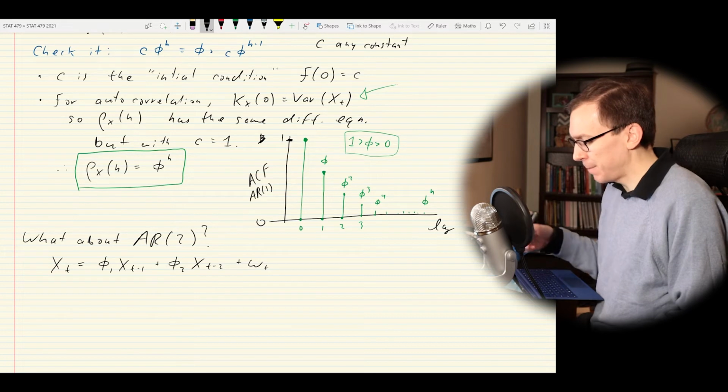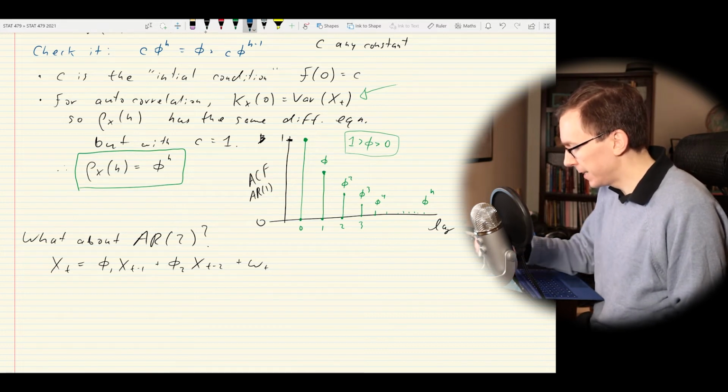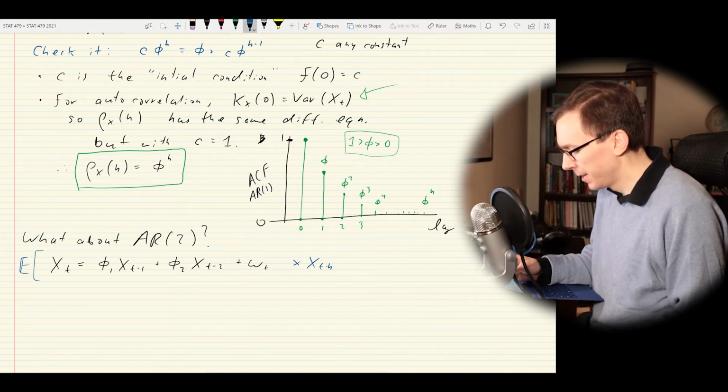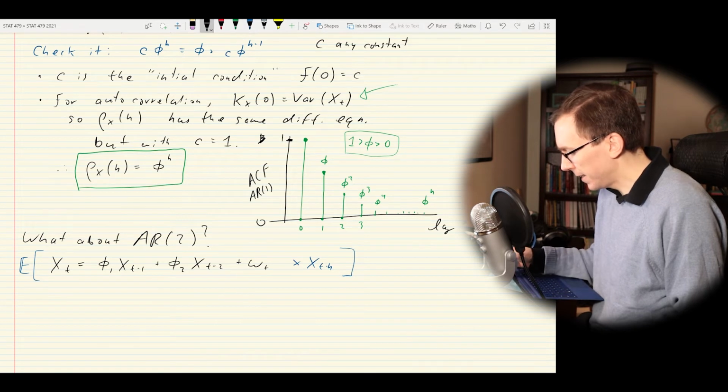Using the same trick from last time, we are going to multiply by x t minus h and take an expectation of the entire thing.